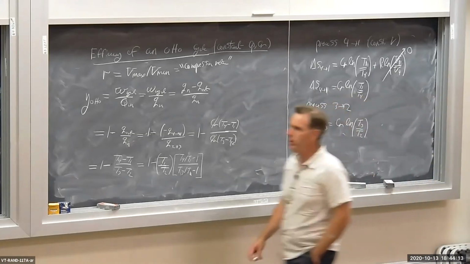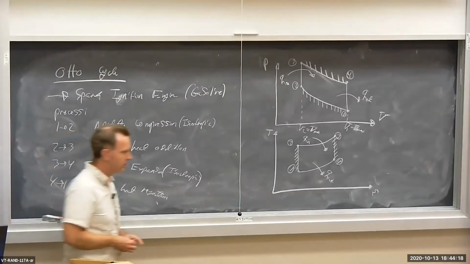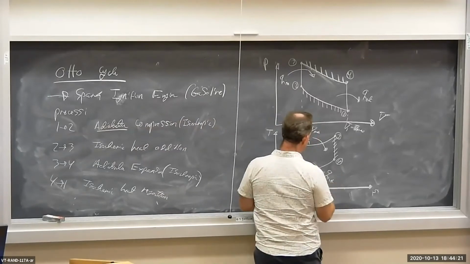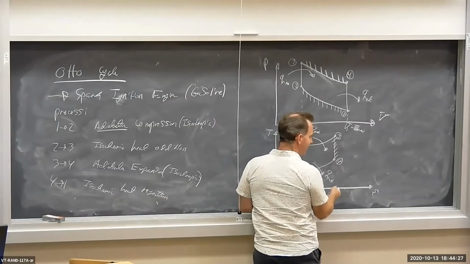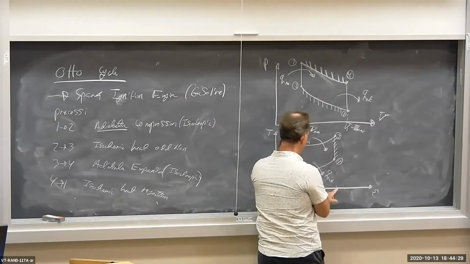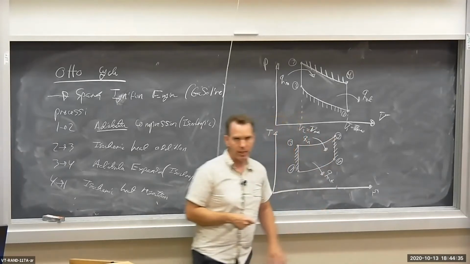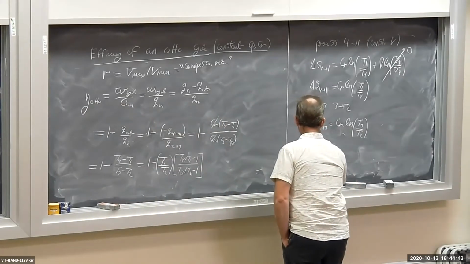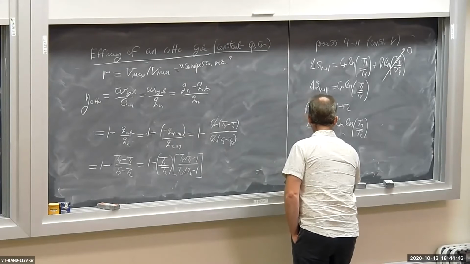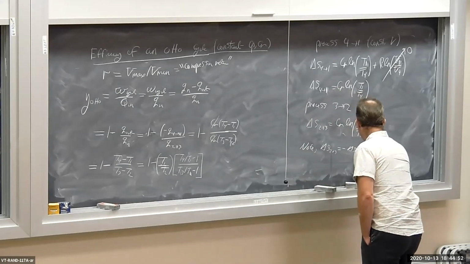Now let's go to our TS diagram here. Notice that delta S from 2 to 3 is negative delta S from 4 to 1. They're opposite each other. So delta S 2 to 3 is equal and opposite to delta S 4 to 1.